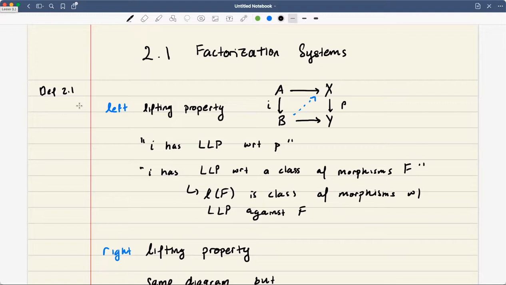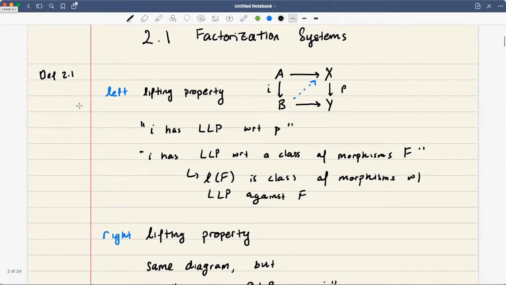But we can start here. Basically this whole model category stuff is really centered on two things, which are lifting properties and weak factorization systems. And somehow this higher category theory structure falls out from the interplay of these things.